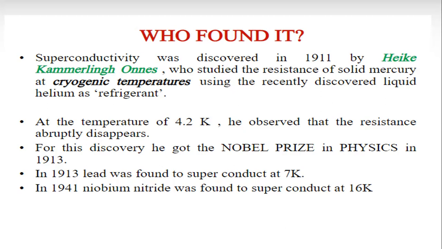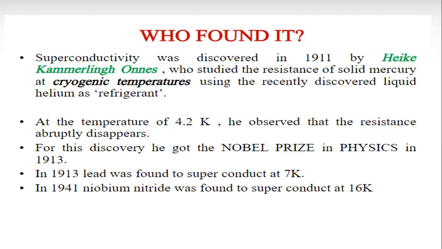He found that the lead material behaves as a superconductor at a temperature of 7 Kelvin, and mercury at 4.2 Kelvin. Here we have given you two examples, mercury and lead, and for the discovery of lead as a superconductor at 7 Kelvin, Kamerlingh Onnes got the Nobel Prize.